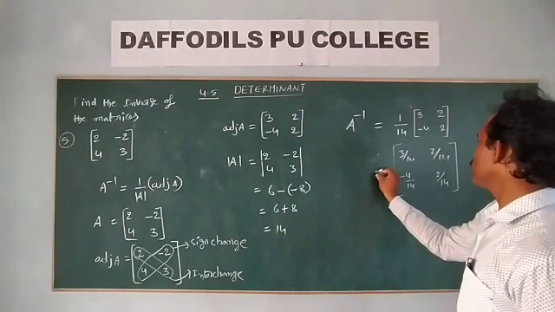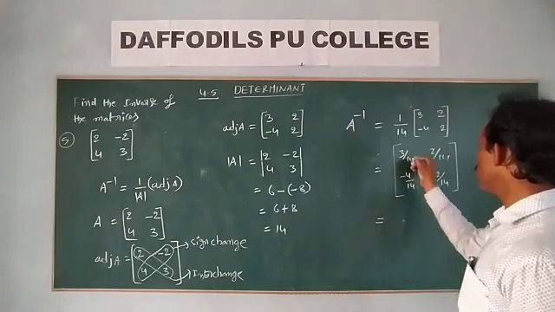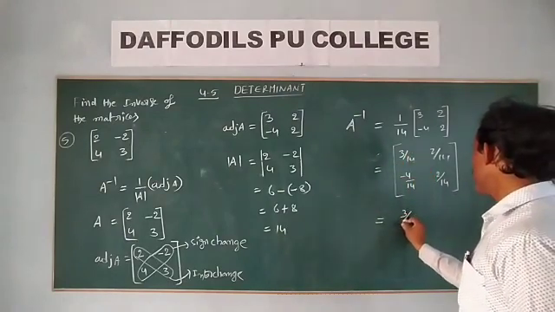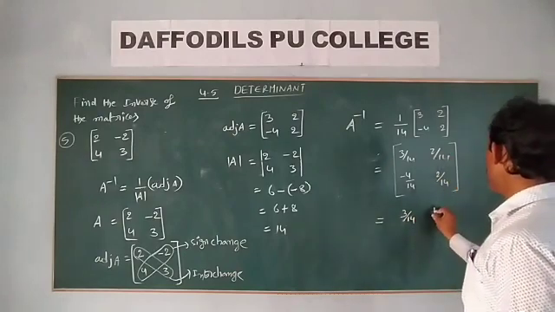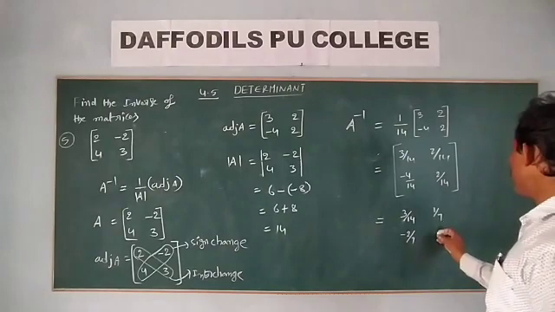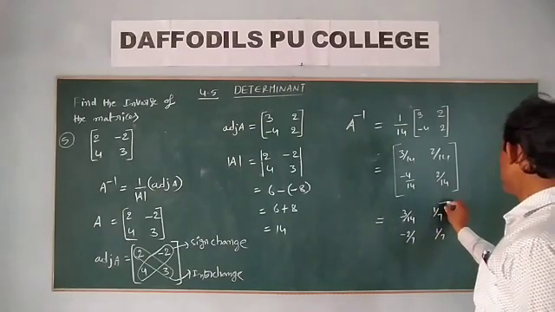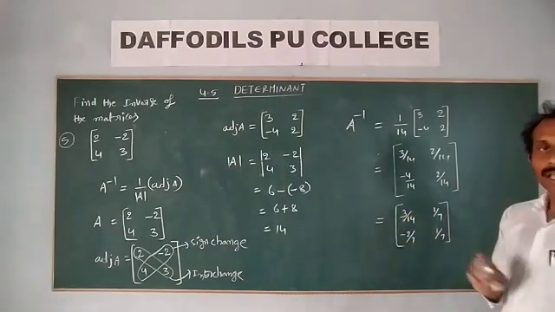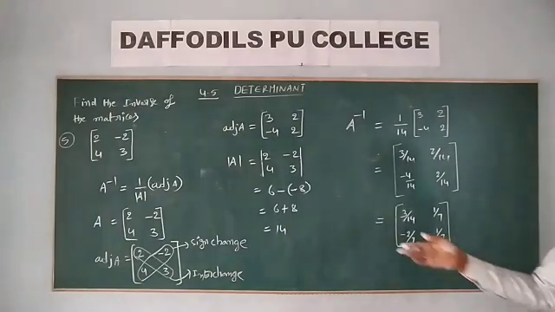There is no cancellation here, so directly write 3 by 14, 1 by 7, minus 2 by 7, 1 by 7. This is the A inverse. Like this you will find.